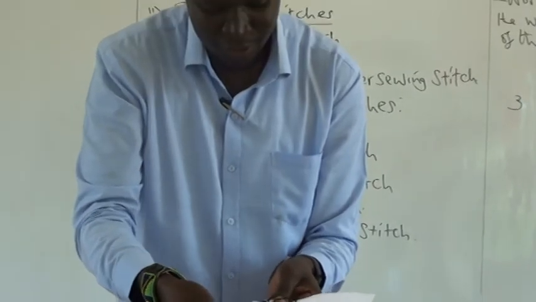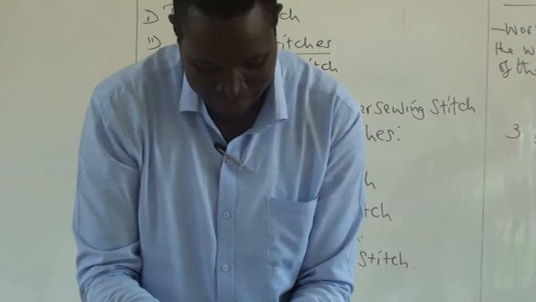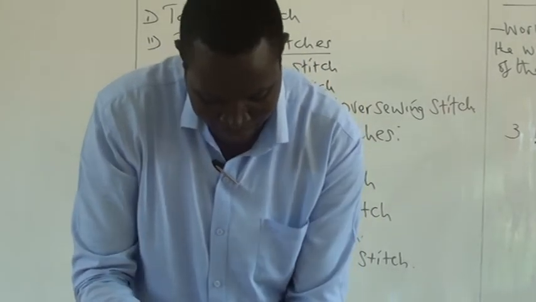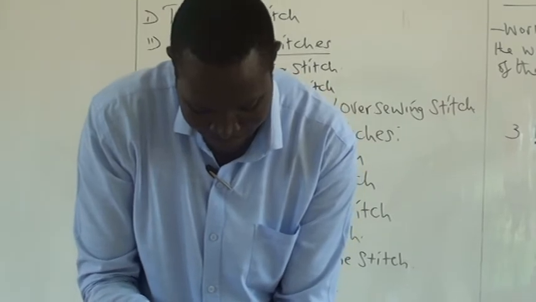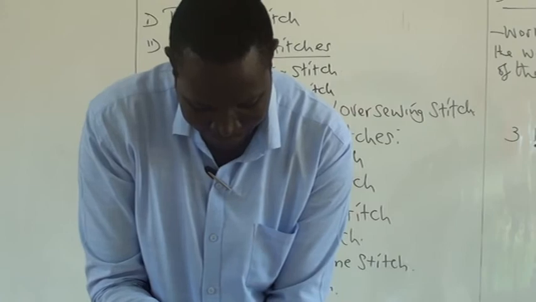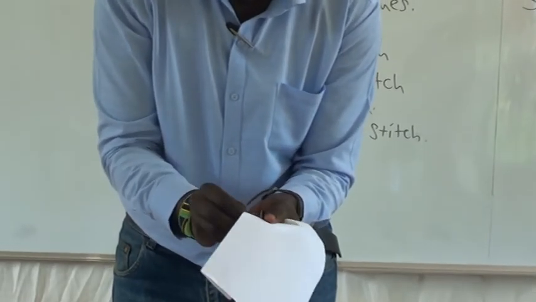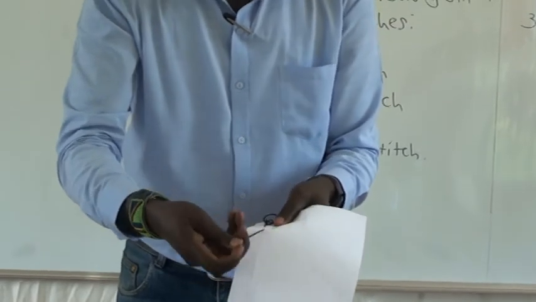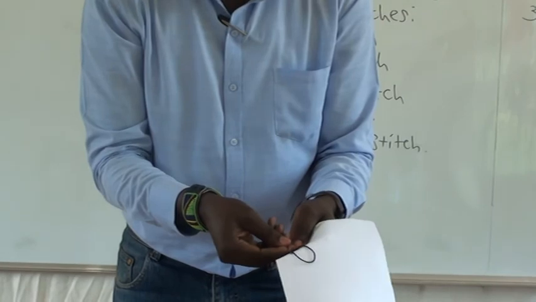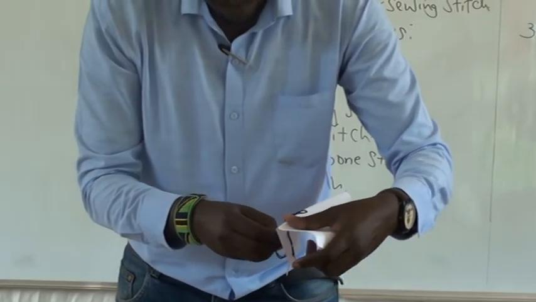So, we move front and back. We move front and back again. That is back. We move in front again. So, we're doing something at the back and we move.